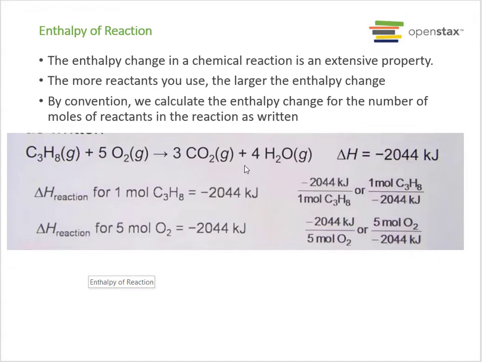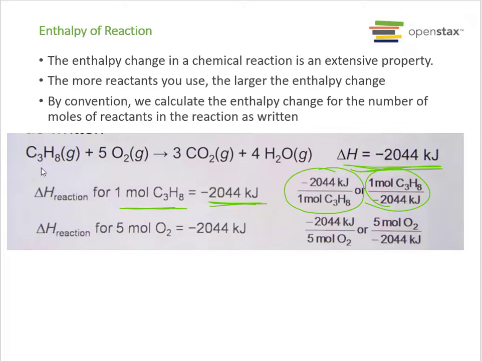Here is my full balanced thermochemical equation. For every 1 mole of propane, 2,044 kilojoules of heat energy is released. We could write this as a proportion, as a stoichiometric ratio.